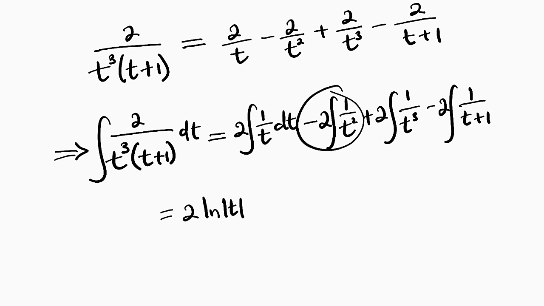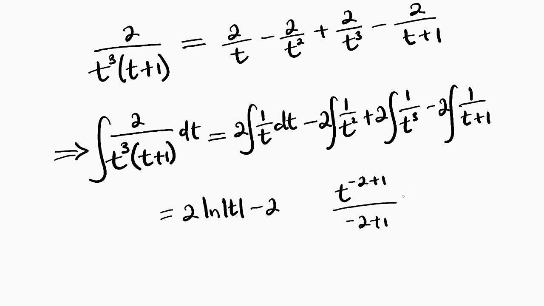Then moving to the next one, we have minus 2 times the integral of 1 divided by t squared. 1 divided by t squared, remember, can be written as t raised to the power of negative 2. So to integrate this, you simply add 1 to the exponent and divide by negative 2 plus 1. This will give us t to the negative 1 divided by negative 1, or simply negative t to the negative 1.